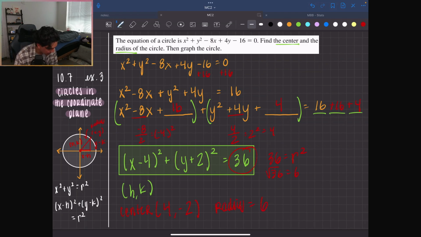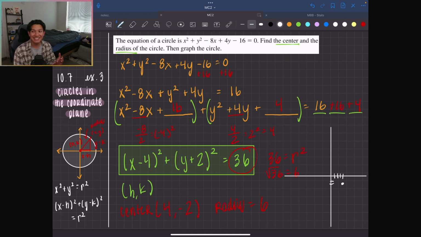If I wanted to graph this by hand, first I would want to create a coordinate plane. And the center is located at 1, 2, 3, 4, negative 2, right over here at 4, negative 2. And the radius is 6. So I'm going to go 6 units up, 6 units to the left, 6 units to the right, 6 units down.